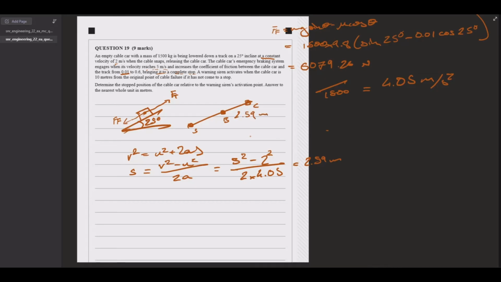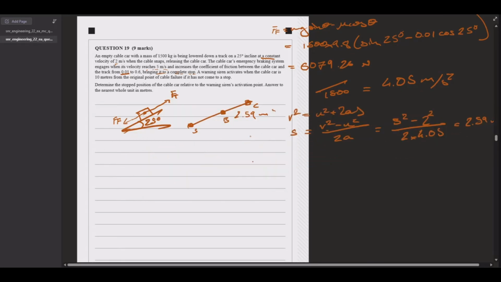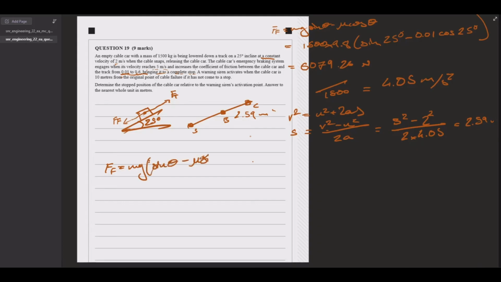And the second last part of this question, we're increasing the coefficient of friction now. So, at point B, the FF is going to change, and let's just write the formula first. It's going to be 1500 times 9.8 sine 25 degrees minus 0.6 cos of 25 degrees, and that's pretty substantial.